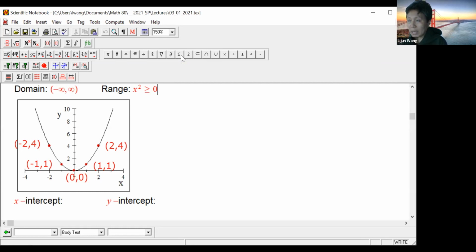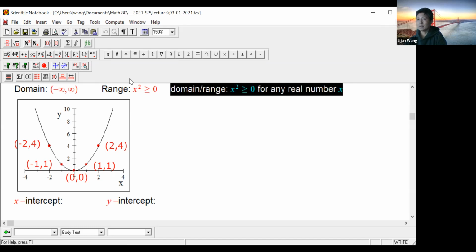And in fact, sometimes we can enhance our understanding to describe domain and range in one sentence, right? So we will say x squared is greater than or equal to 0 for any real number x. That's domain and range in one sentence.